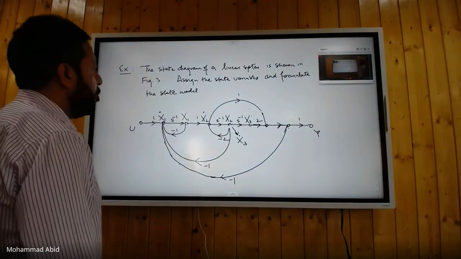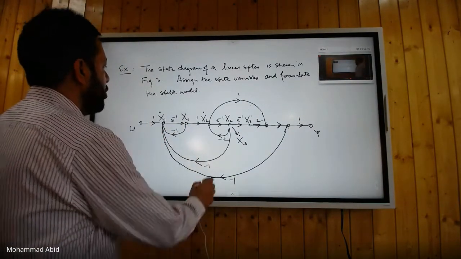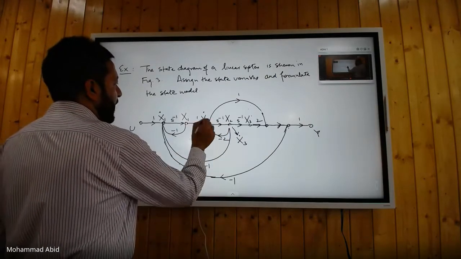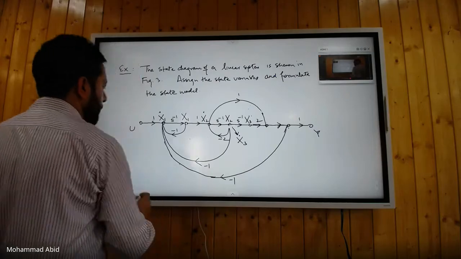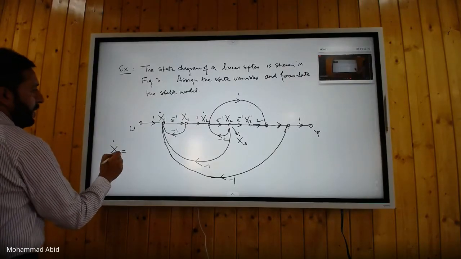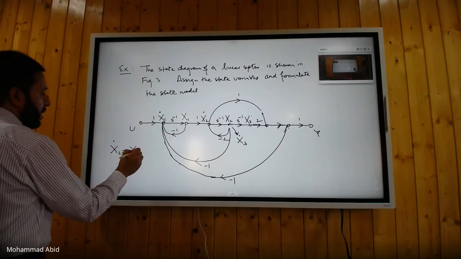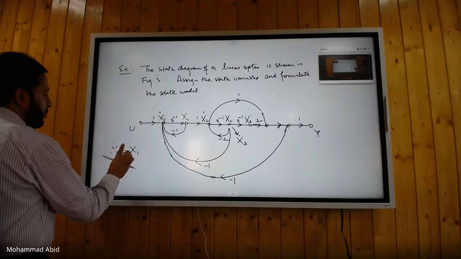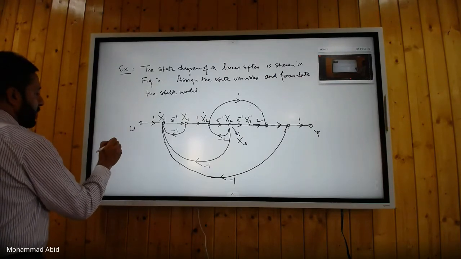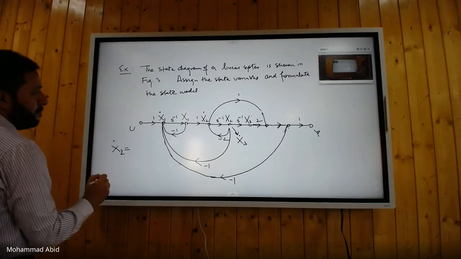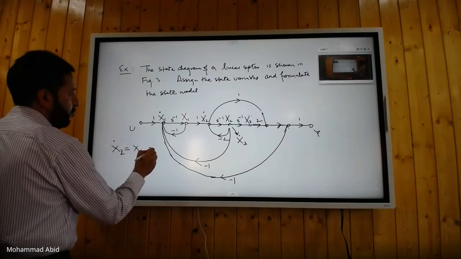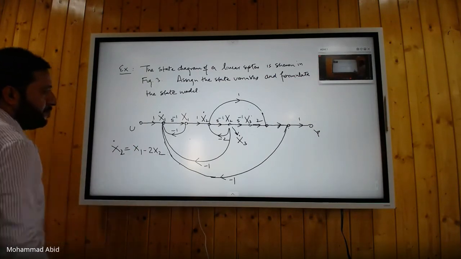If you write the equation for x2 dot, what will the equation be? That's very simple. Just tell me what will be the equation for x2 dot? x2 dot will be x1 minus 2x2. Let me write it simply in small letters: x2 dot is equal to x1 minus 2x2. Okay?